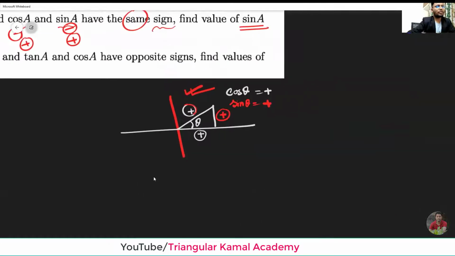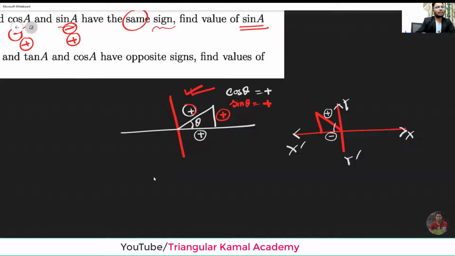So now if we draw the figure in the second quadrant, what will happen? In the second quadrant, this one is the adjacent on the negative side of the x-axis, x prime, this is y, this is x, and this is y prime. So negative side, if this is the theta, hypotenuse is always positive.